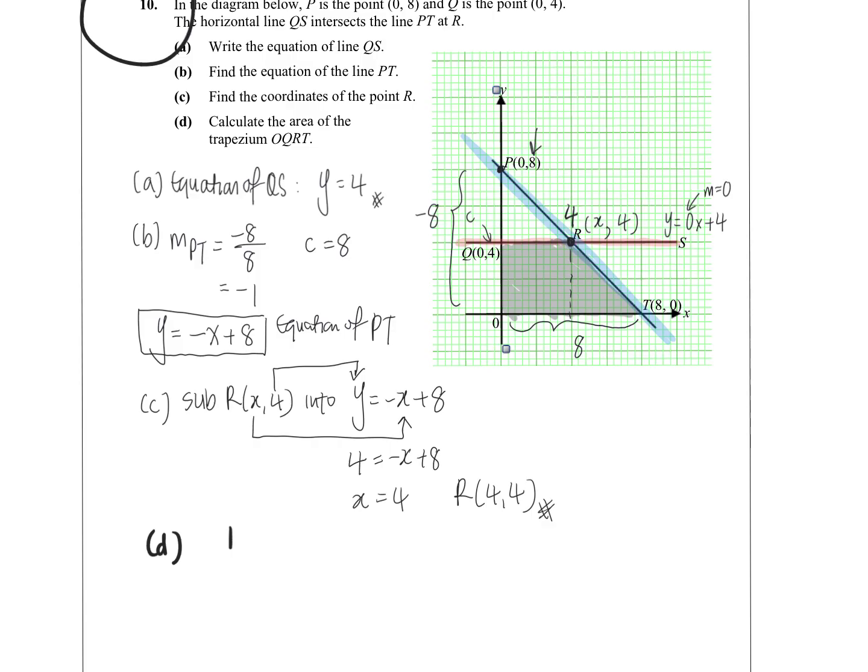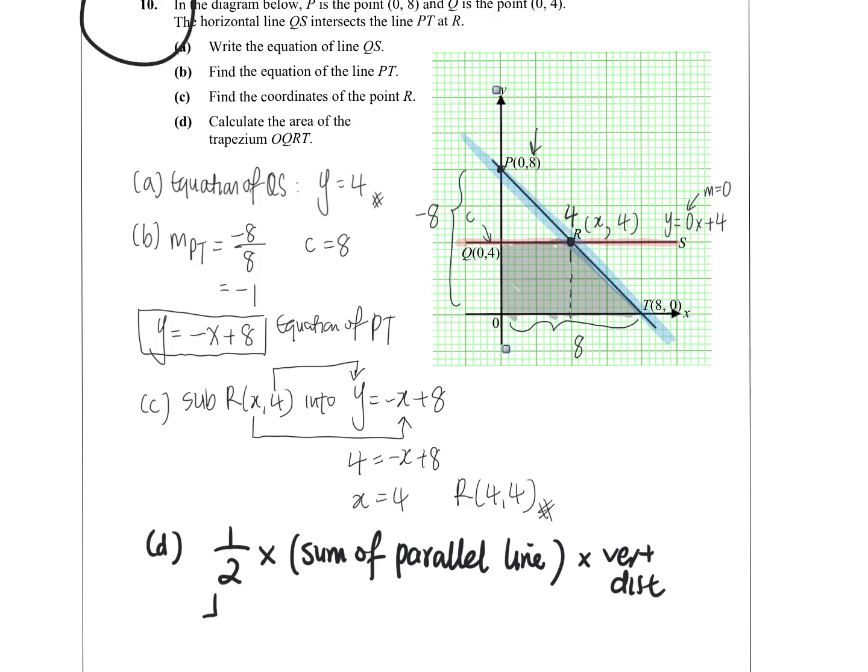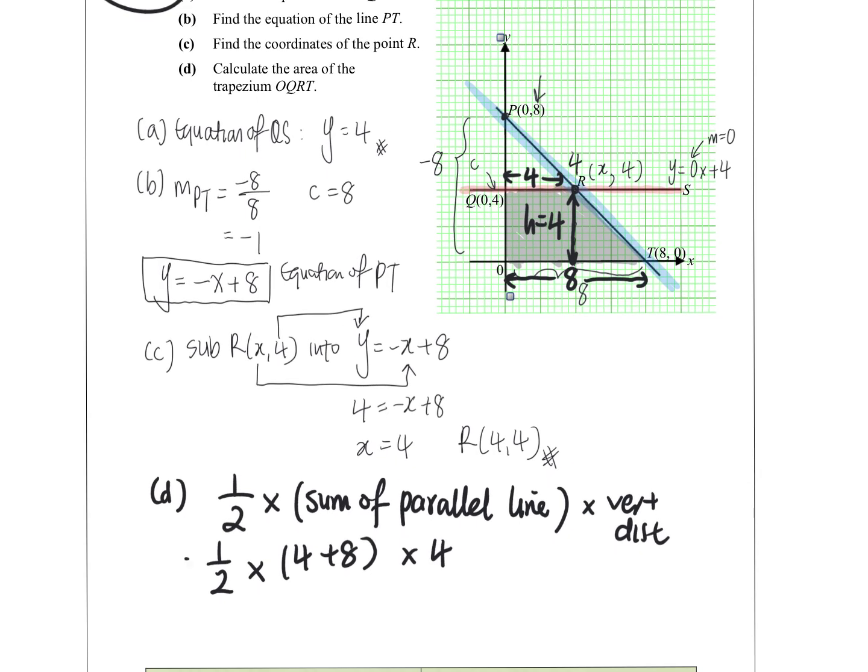If you forgot, trapezium formula is half times the sum of the parallel lines times the height, the vertical distance. So the parallel lines are 4 units here and 8 units at the bottom. So it's 4 plus 8, and then the height, which is the distance between the two parallel lines, is 4. So just add everything up, you get 24 unit square.